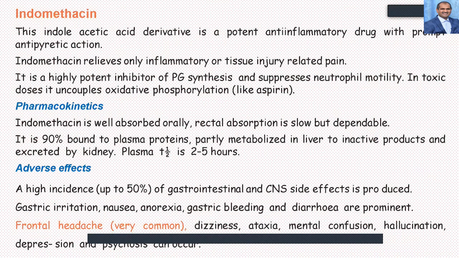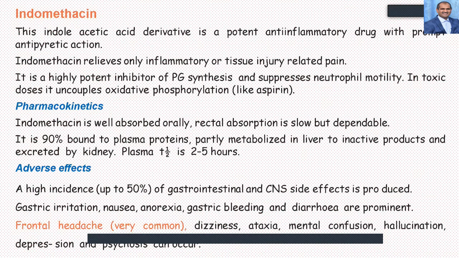It is a highly potent inhibitor of prostaglandin synthesis and suppresses neutrophil motility also. In toxic doses, it uncouples oxidative phosphorylation, just like aspirin, and will also cause toxicity. Pharmacokinetically, indomethacin is very well absorbed orally, and rectal absorption is also there, but it is slow but dependable.